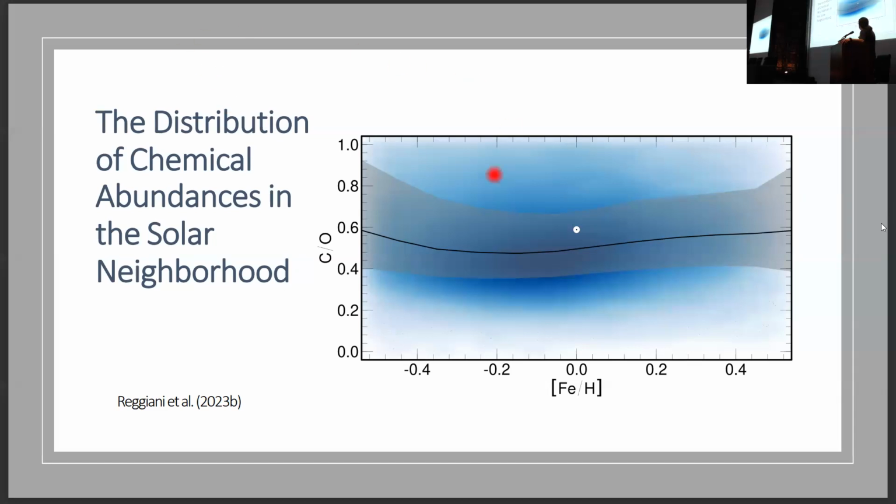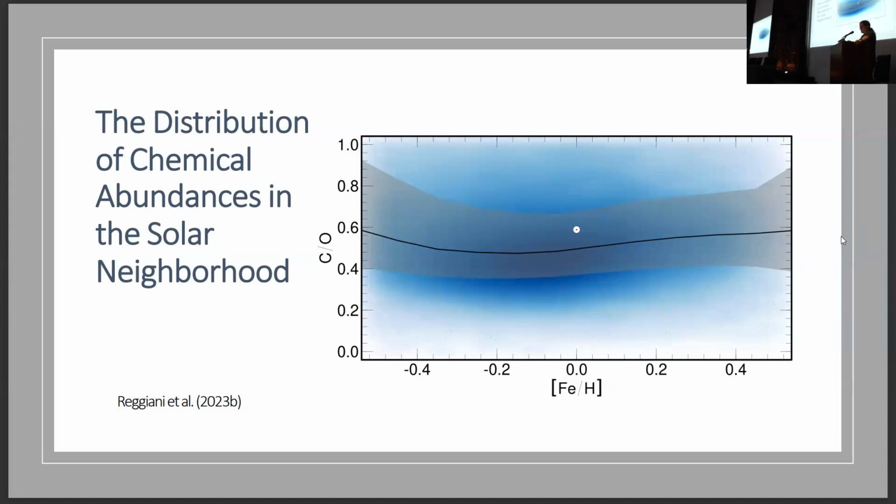But when you actually look at the distribution at solar metallicity, the mean carbon to oxygen ratio is different than solar. While the Sun has a C/O ratio of about 0.49, we see that the mean ratio here is around 0.58 dex. And let's ignore this for a moment.